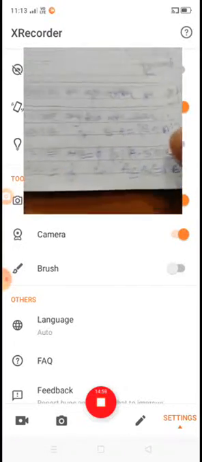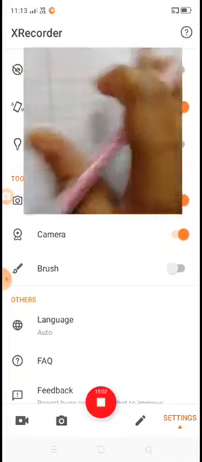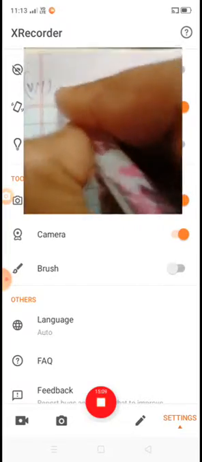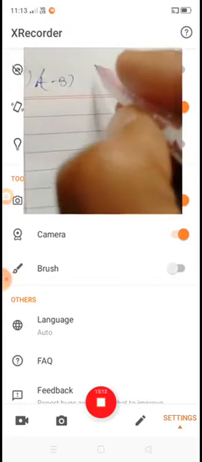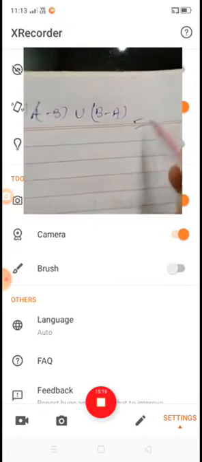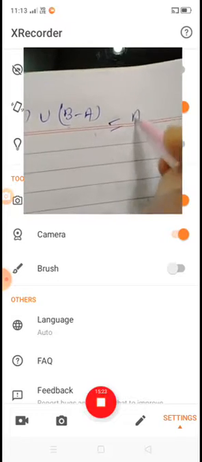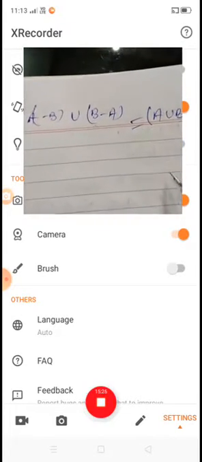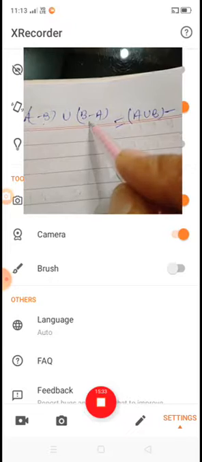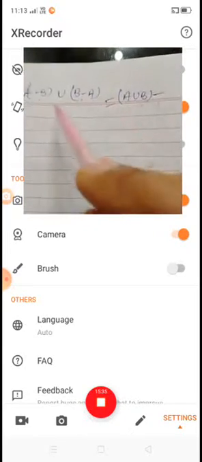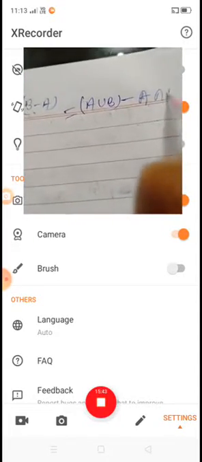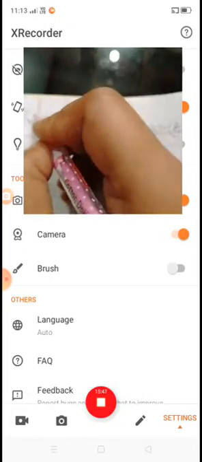And the last one, seven, A minus B union B minus A, which is also known as symmetric difference, is equal to A union B minus A intersection B. This is a very important result.